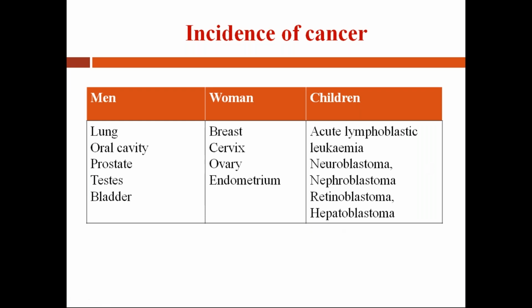Can you tell which Indian cricketer had cancer of the testis? It's not playing now. Do you know? The Indian cricketer. I forgot his name. Yuvraj Singh. So Yuvraj Singh had seminoma of the testis. He is not playing nowadays. He underwent chemotherapy. And can you tell which female actress had ovarian cancer?